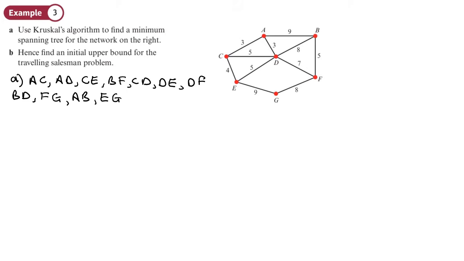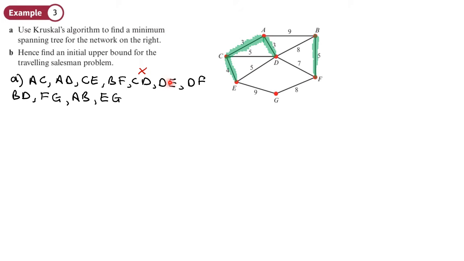So that is AC. So we put that into the tree. Then AD we add, CE we add, we don't add it if it forms a cycle. BF is the next one, we add that. So remember, Kruskal jumps around, doesn't it? Can jump around and they all get connected. C to D, we're going to reject that because that forms a cycle.